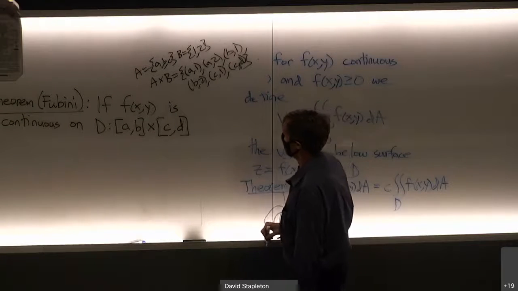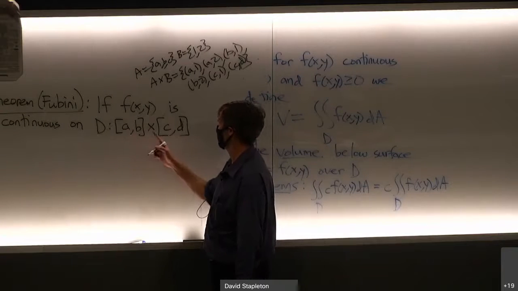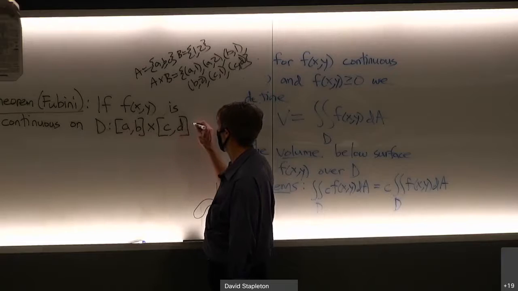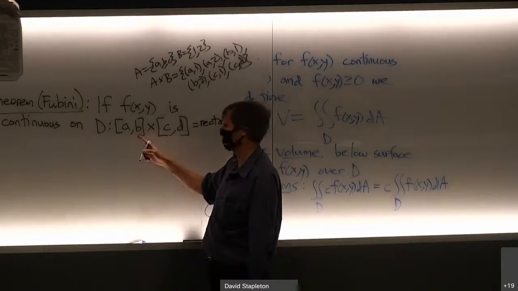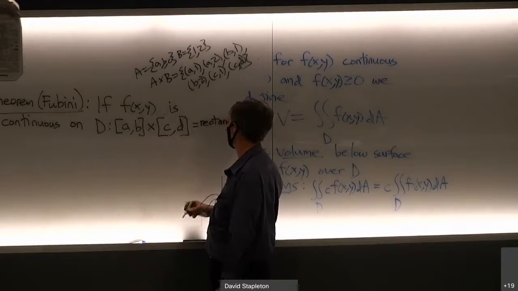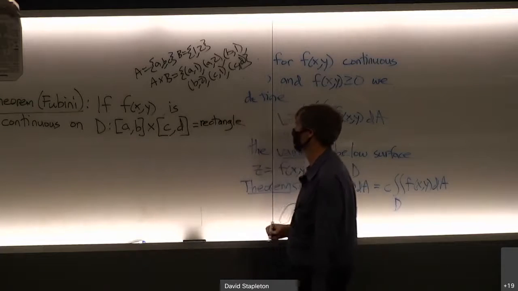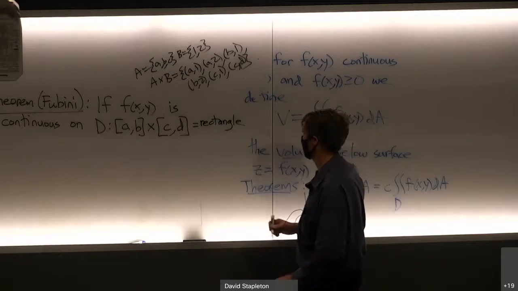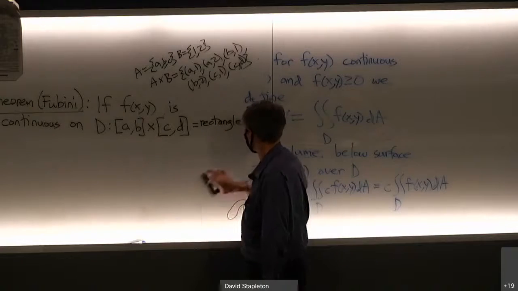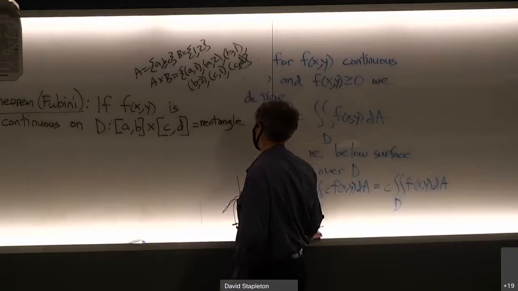With that idea in mind, if we take [a,b] Cartesian product [c,d], this is the rectangle that we just wrote, that goes from a to b on the x-axis and c to d on the y-axis. The rectangle we've been using. And similarly, we're going to use notation like this sometimes. This is extremely common in higher mathematics. You see this all the time.